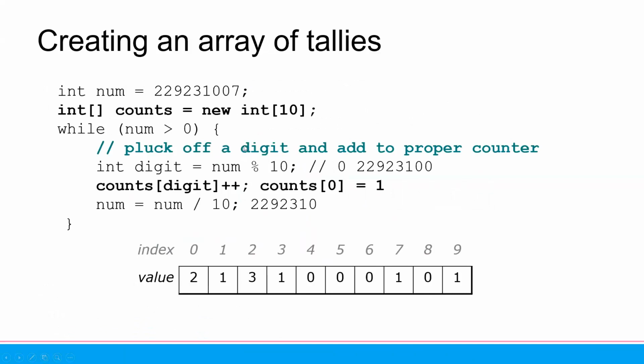So I can make the Java code like this one. If I have the number 229231007 and the size is 10, then while the number is still greater than 0, I would like to check the last digit. How do we check the last digit?